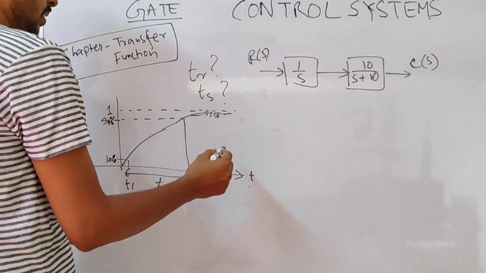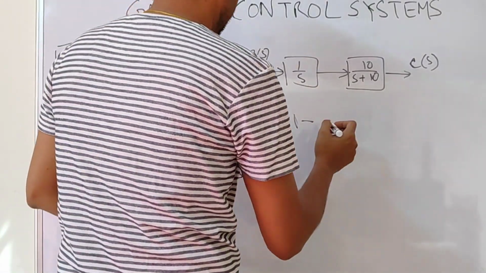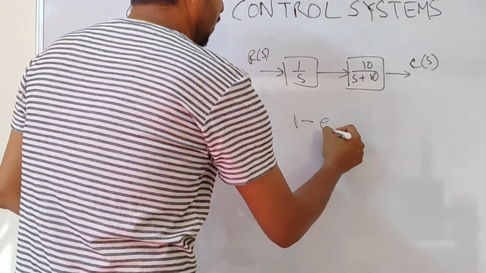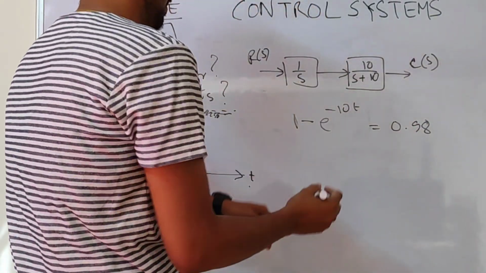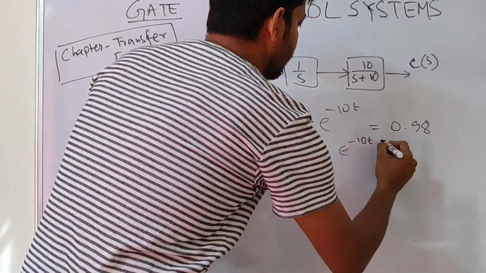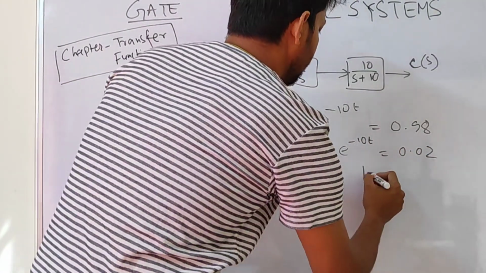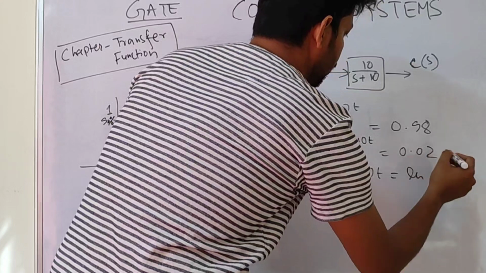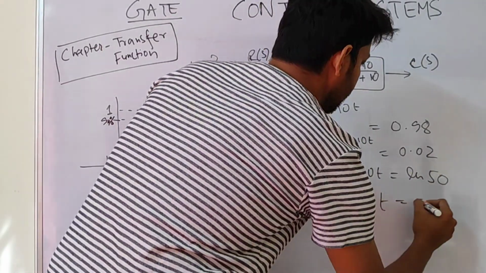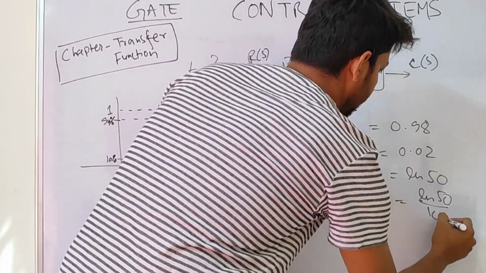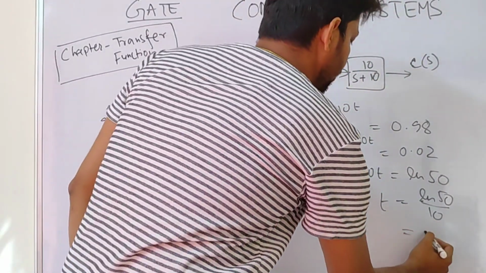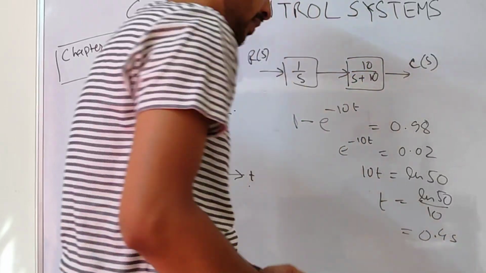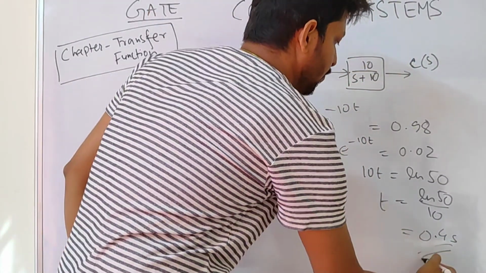So the time to reach 0.98 means e to the power minus 10t becomes 0.02, 10t becomes ln 50, so t is equal to ln 50 by 10. This turns out to be, I think, 0.4. So that's the answer for settling time.